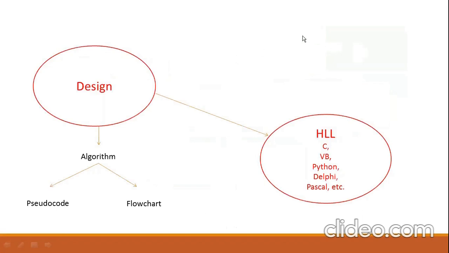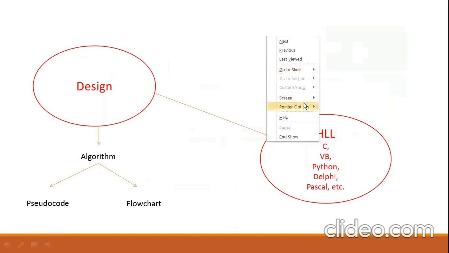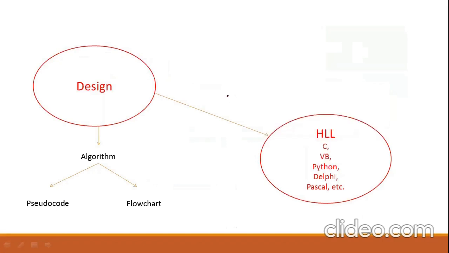So let's suppose you are working in a software house or even working as an individual and you're just trying to make an app or a software application or working on a project. So you will first start by the step of design.